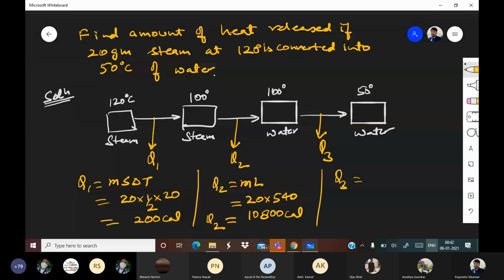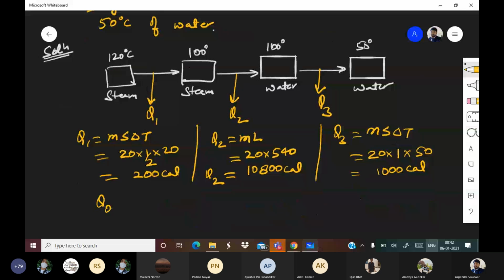Now Q3. Q3 is m s delta T. m is 20, s is 1, and delta T is 50. That becomes 1000 calorie. So total Q out will be Q1 plus Q2 plus Q3, which comes out to be 200 plus 10800 plus 1000.